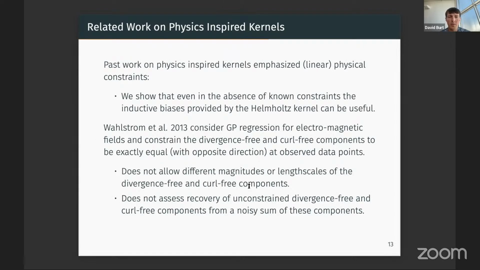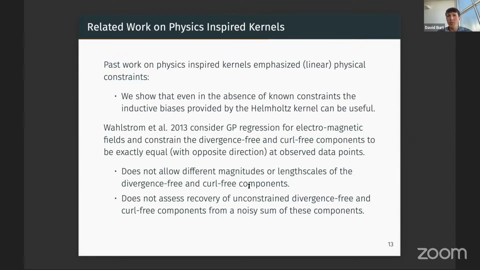Maybe the most related paper was a 2013 paper by Wallstrom et al., considering Gaussian process regression for electromagnetic fields. And because of properties of electromagnetic fields, they know that the divergence and curl-free components are actually equal at some points in space, in particular at the observed data points. And then they have observations of the curl-free components. So they use basically the same kernels as us, but they have quite a different likelihood.